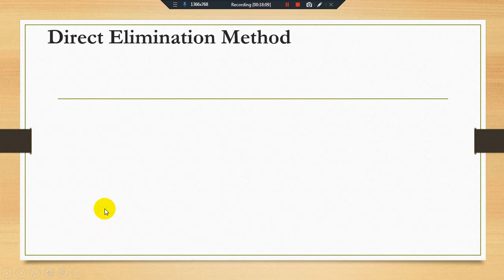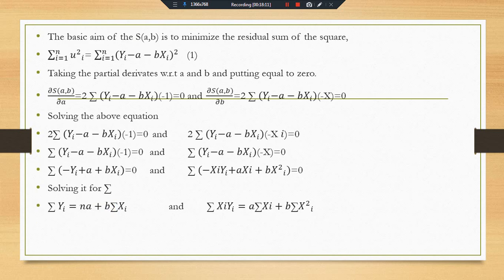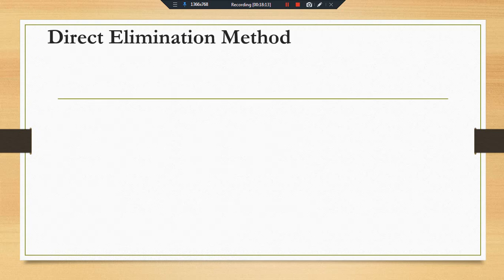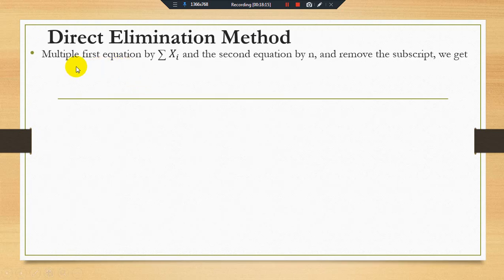Okay, see, with the help of the direct method, multiply the first equation by summation xi and the second equation by n, and remove the subscript. We are removing the subscript for ease, because if the subscript is present, the estimation procedure will be more complex. So that's why we are removing the subscript sign here.